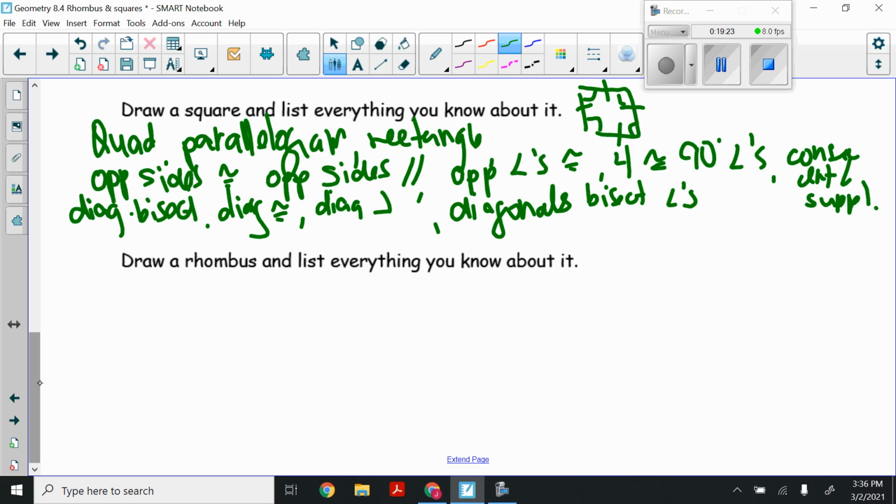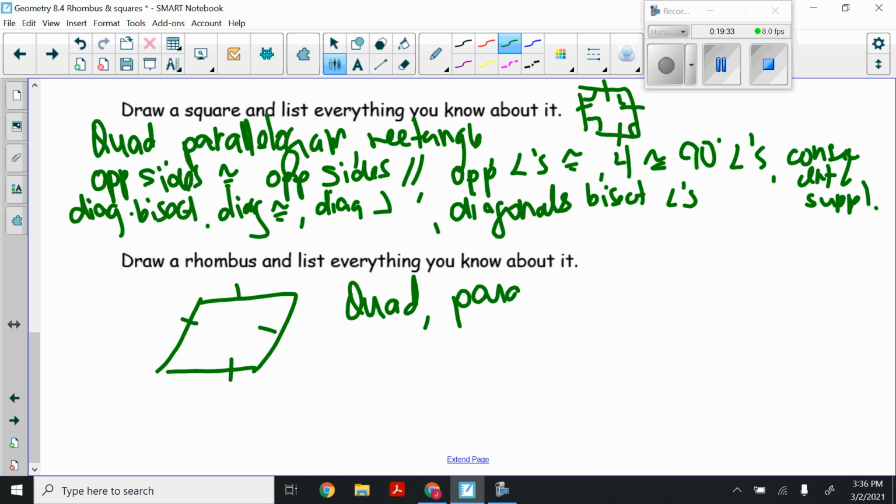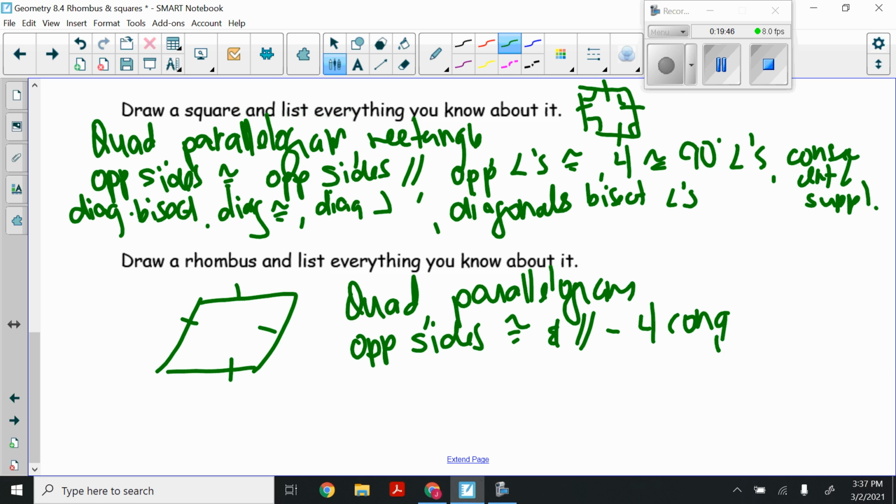The next one, draw a rhombus and list everything you know about it. So here's my rhombus. Again, I know it's a quadrilateral. I know it's a parallelogram. I know that I have opposite sides congruent and parallel. 4 congruent sides. I have opposite angles congruent.